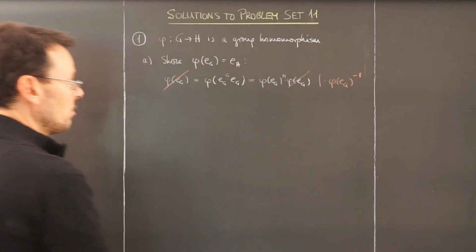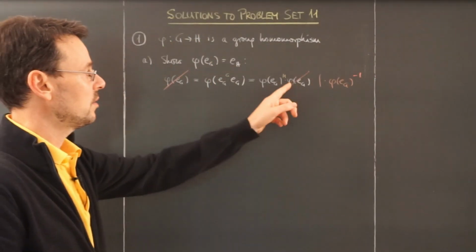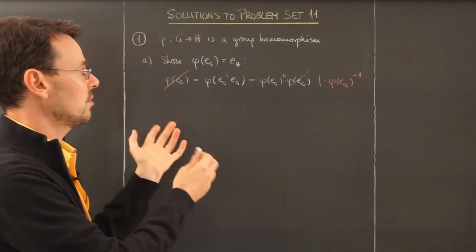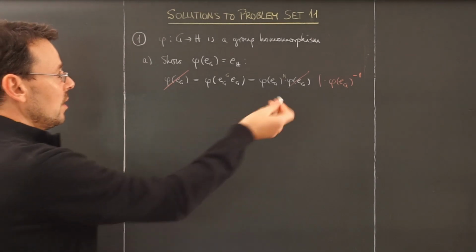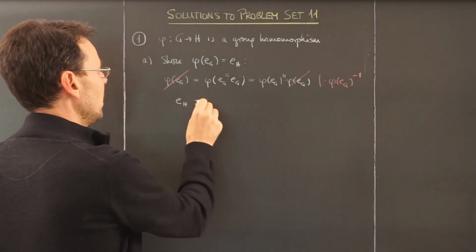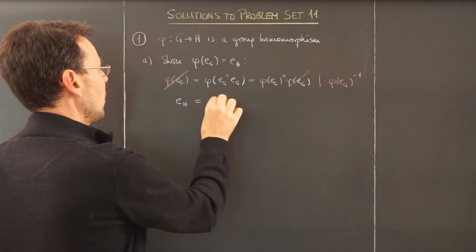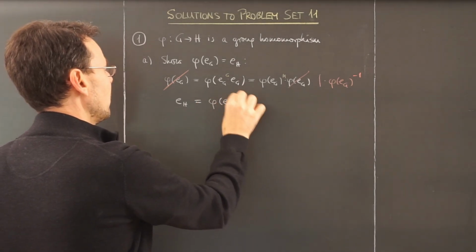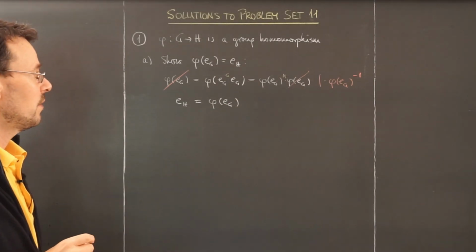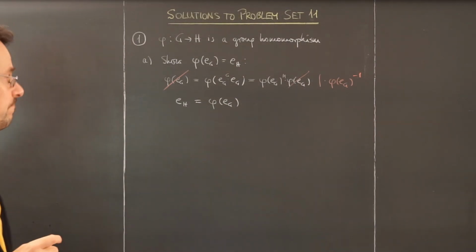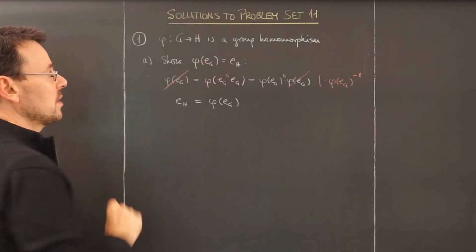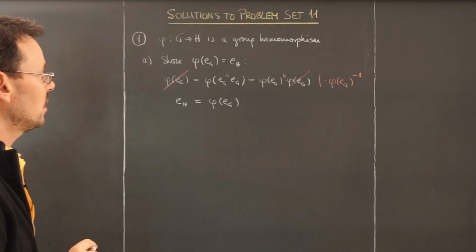Or if you do not remember the cancellation law, simply use that you are in a group, so this element has an inverse, so you can multiply from right or left with this inverse, and then you end up with E_H here, and on the other side with the image of E_G under phi, and that's it. So it's good to remember homomorphism always maps identities to identities.